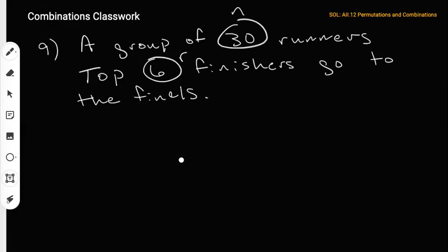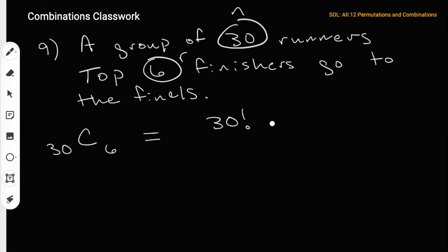That's my 6. So now putting it in that combination formula, I'm going to have, out of a total of 30 runners, we're going to choose 6. So it's going to be 30 combination 6.